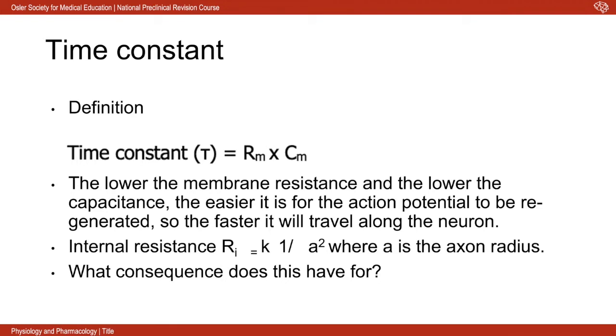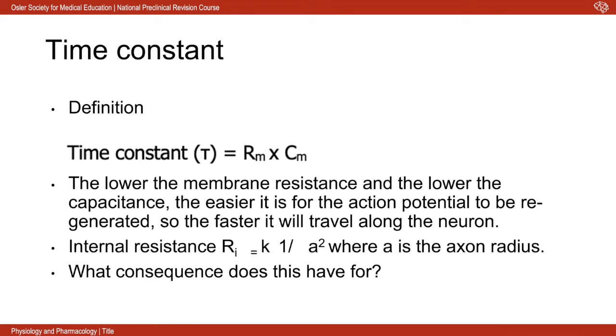A smaller time constant leads to a more rapid depolarization of the axon, and the time constant is dependent on the capacitance of the membrane, Cm, which is a measure of how much charge must move across the membrane to generate a change in membrane potential, and the membrane resistance, Rm. Therefore the time constant equals Rm times Cm.